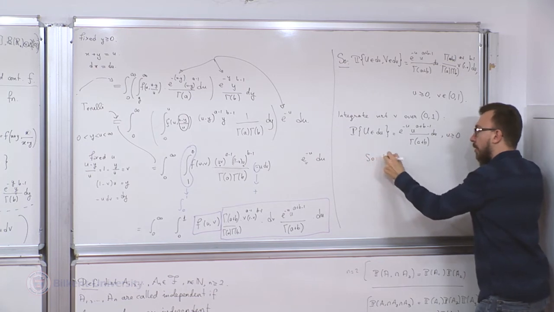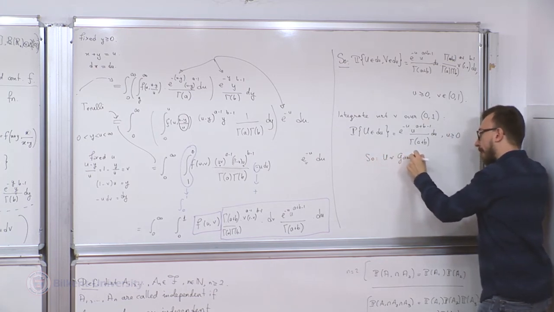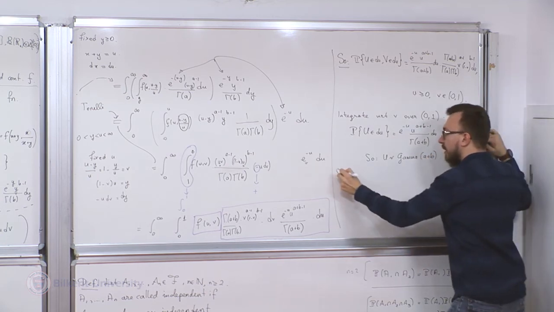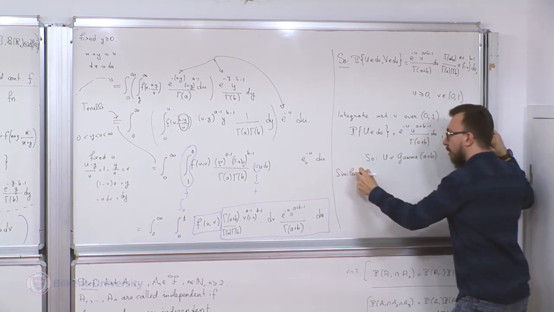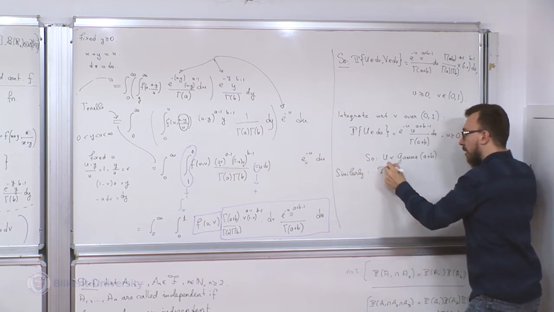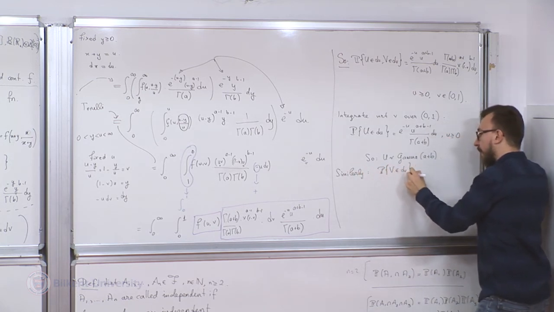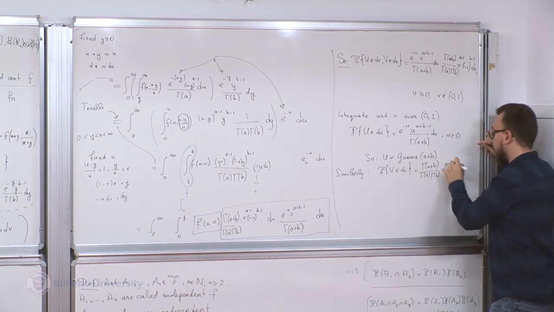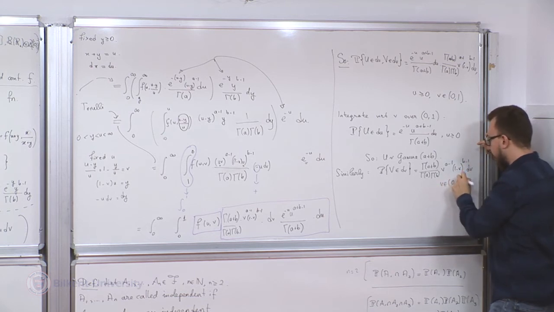So u is gamma a plus b. Similarly, if you integrate with respect to u, you get the distribution of v. And this is called the beta distribution. Okay? This has a name: v^(a-1) (1-v)^(b-1) dv, where v is between 0 and 1.